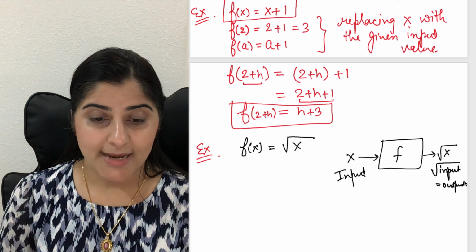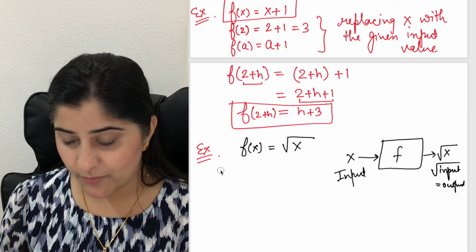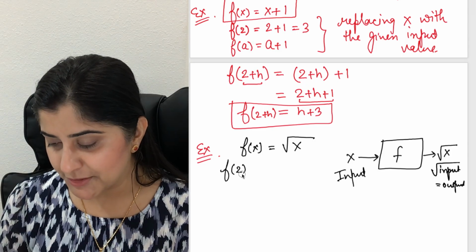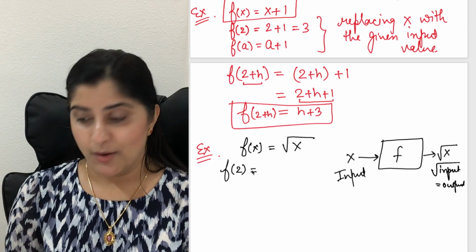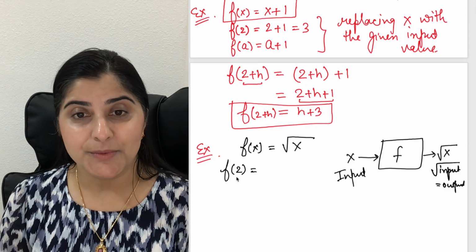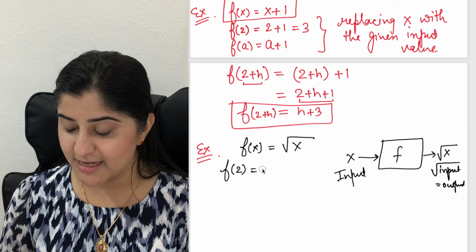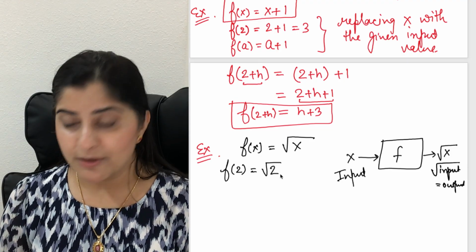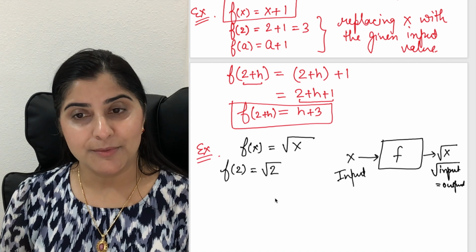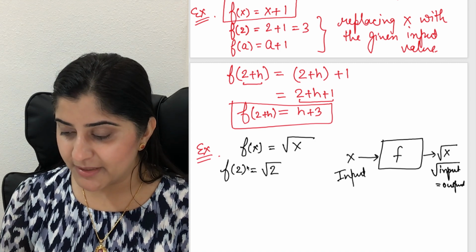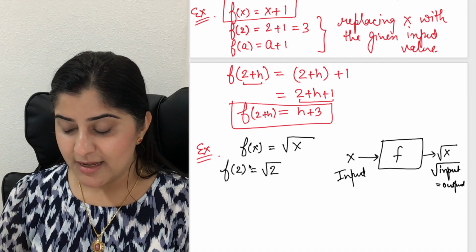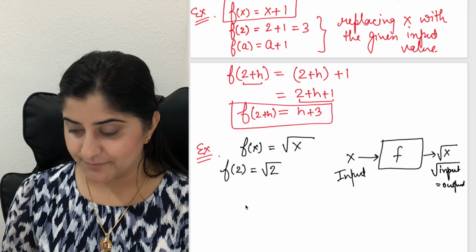Okay, now let's try to evaluate something. What is f of 2 in this function? Now we are inputting 2. According to how this function is behaving, it takes the square root of the input and gives you the output. In other words, we are replacing x with 2 everywhere in this function.